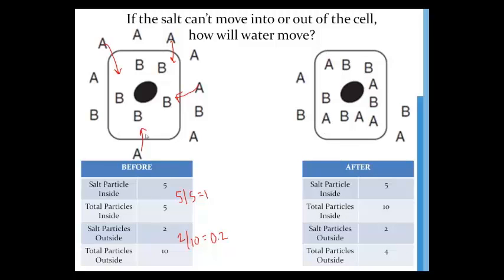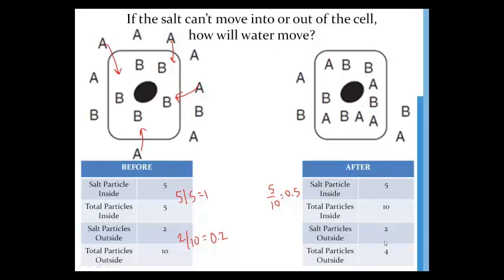To prove to you that it is the same concentration inside and out, if we count the salt particles inside, we get 5. There's 1, 2, 3, 4, 5. The total number of particles inside the cell is 10. So if we do 5 over 10, we get half, 0.5.